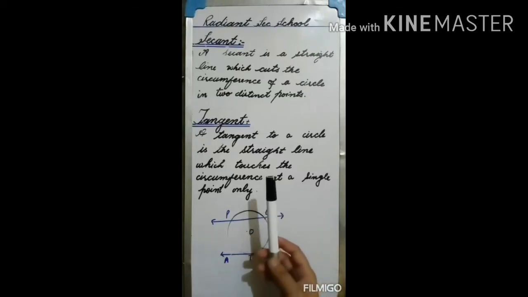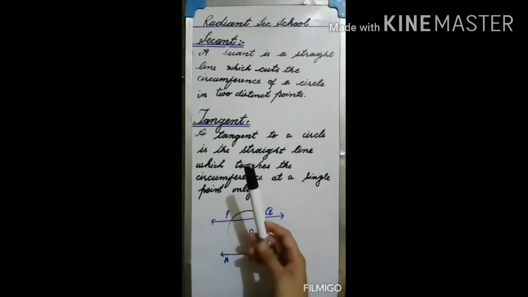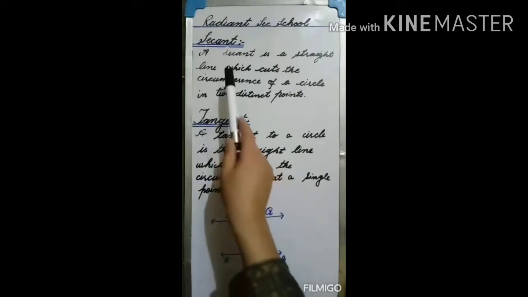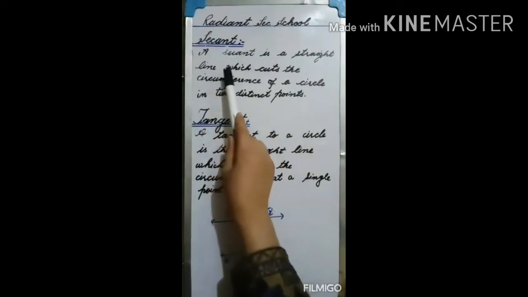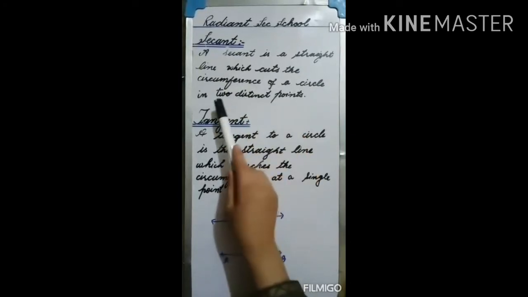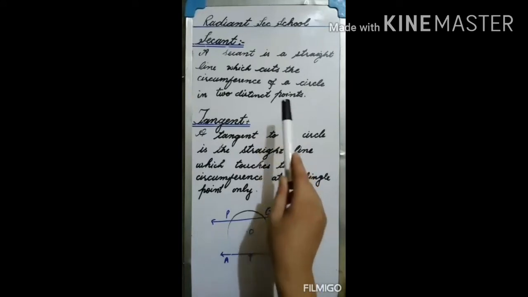Students, before starting the chapter, firstly I will tell you about the definitions. First definition is secant. A secant is a straight line which cuts the circumference of the circle in two distinct points. What is the meaning of this statement?